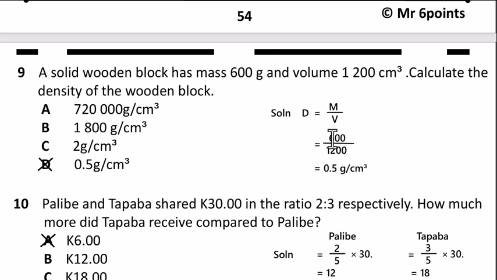The zeros cancel, so we have 6 divided by 12. 6 into 6 is 1, 6 into 12 is 2. So this is just 0.5. Half is the same as 0.5 grams per centimeter cubed.